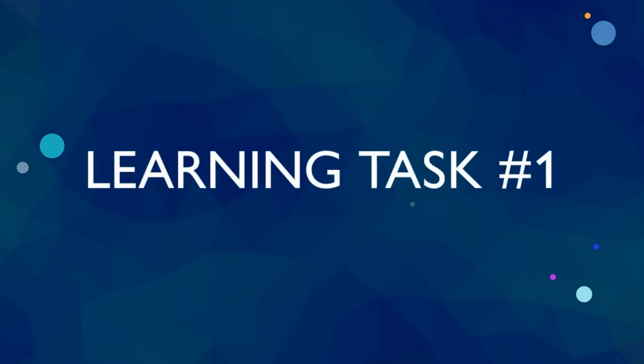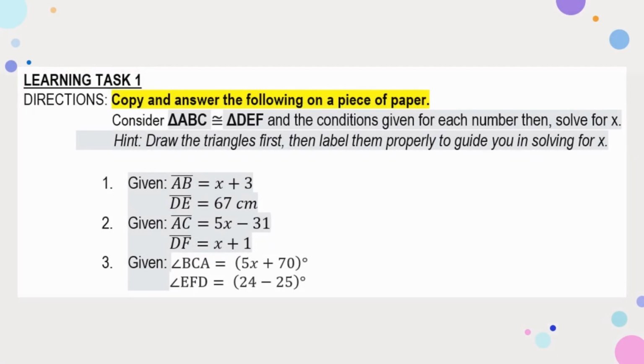Okay, now, let's go with your learning task. Number 1. Okay. Yes, napakadali lamang ng inyong learning task number 1 dahil ito'y tatatlo lamang. I know. Now, direction. Copy and answer the following on a piece of paper. Sir, copy and answer po ba?